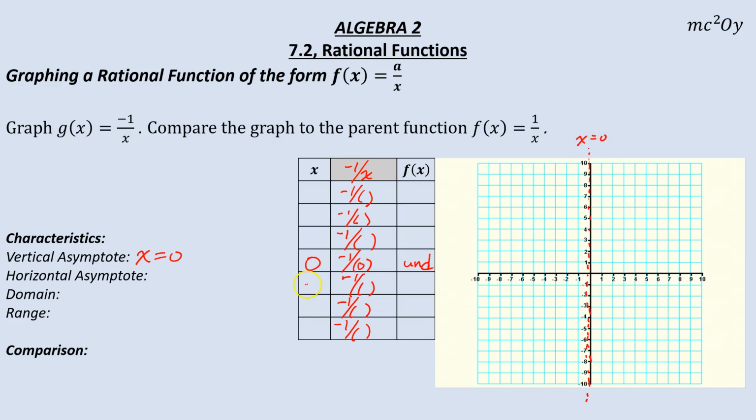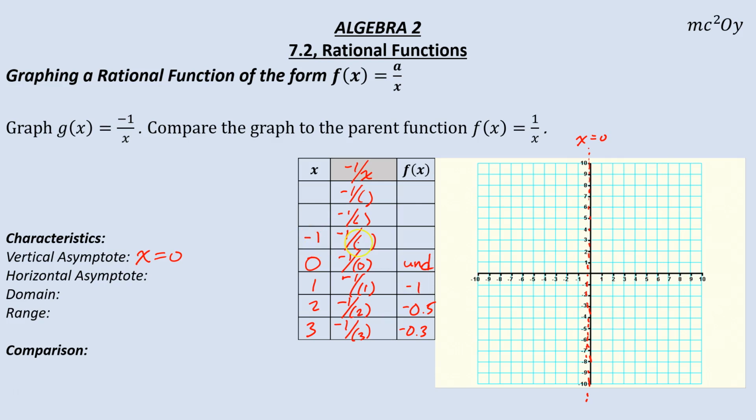And if I were to plug in values, let's say 1, 2, and 3, so I get 1, I get 2 there, and 3 there. Notice now it's just -0.3, -0.5, and -1.